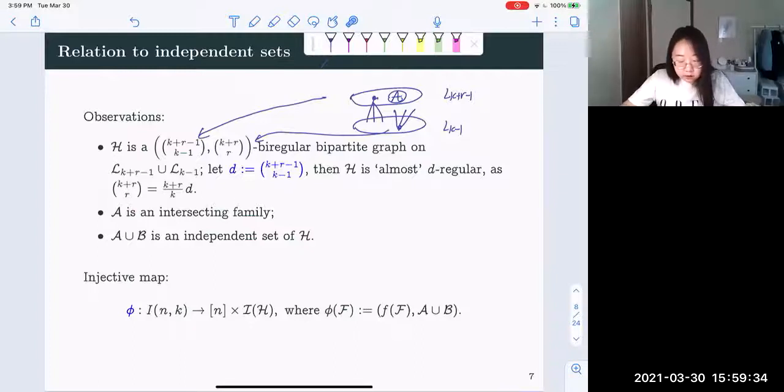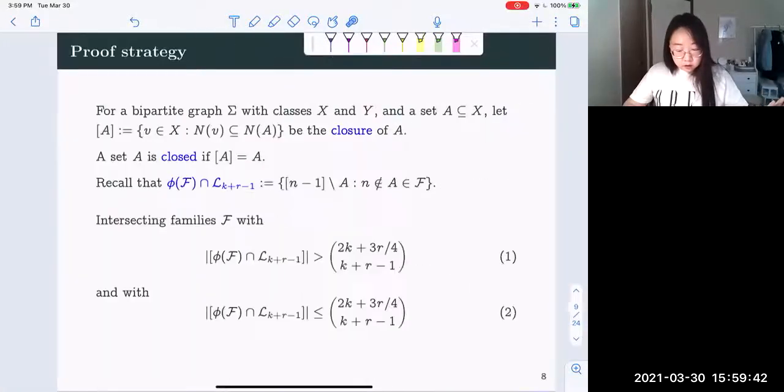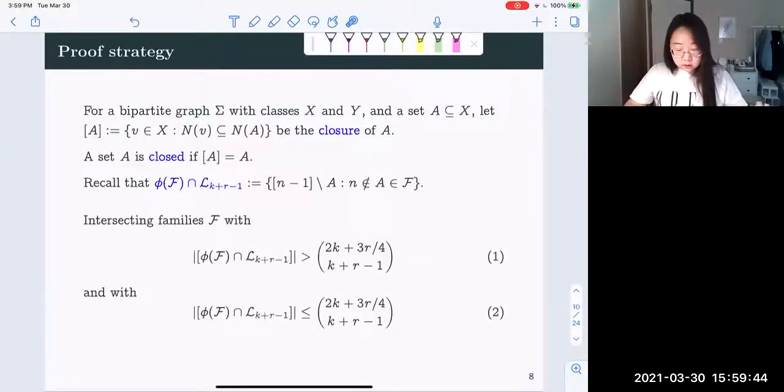Okay, so next I'm going to move to the real proof part. A few more definitions.